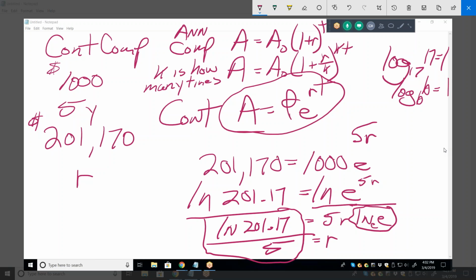If it does, fine. This reduces to 1. But if it reduces to anything but a whole number, it's going to be irrational, and you're going to be rounding off if you use the number. So this is the proper answer. Natural log of 201.17 divided by 5.